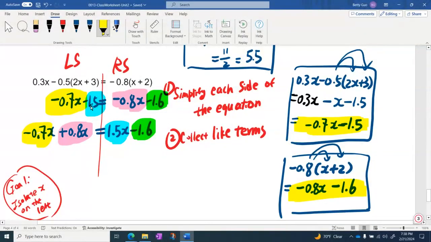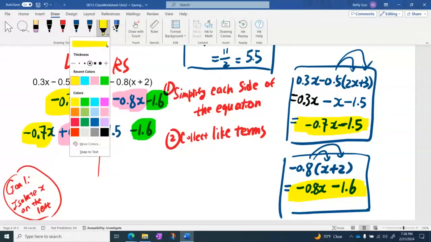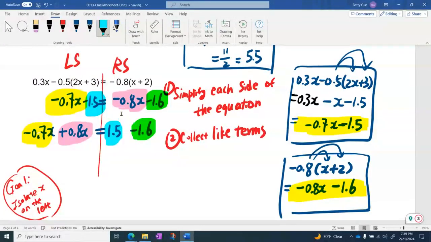When you move the blue term from left side to the right side, oh, sorry, I accidentally put a X here. So that is blue. Let me double check.